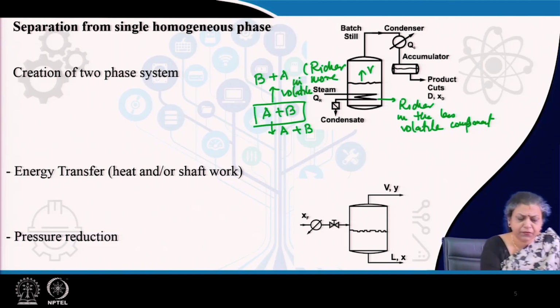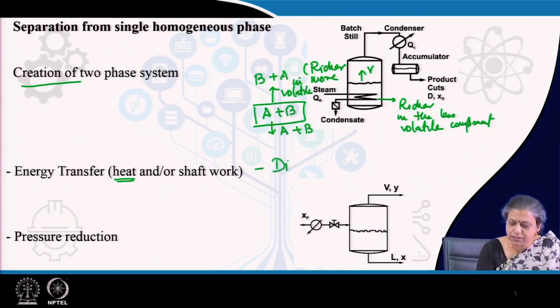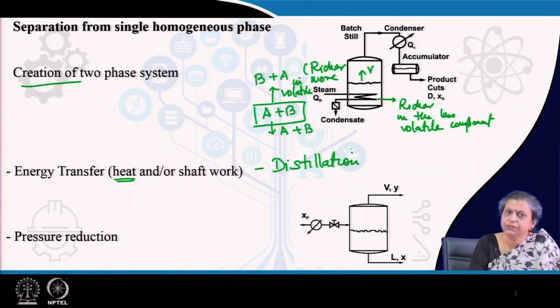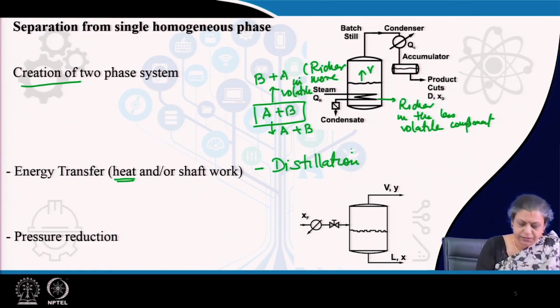So, the creation of two phases can be achieved, and it is achieved most conventionally in industrial systems majorly by heat transfer. It may or may not be accompanied by shaft work, and this process is known as distillation. There are different types of distillation which we will be discussing after we complete the introduction and certain other discussions regarding separation processes.